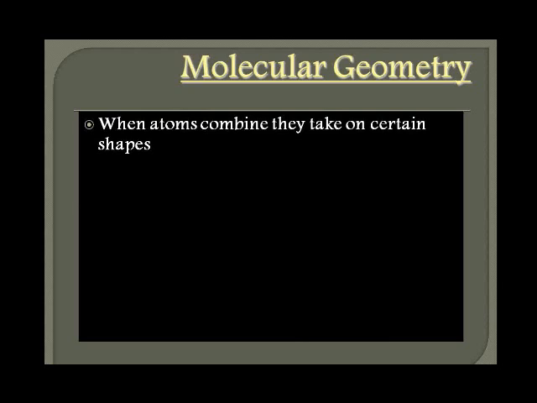Remember, our electrons are negative, and when we put 2 like charged particles near each other, they want to push away. So these negative charges are going to want to occupy space as far away from each other as they can.